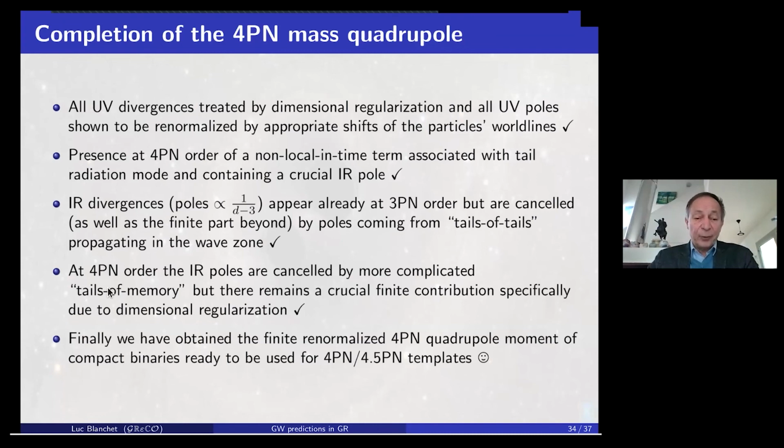And finally, at 4PN order, all the infrared poles have been completely cancelled. So the quadrupole moment is finite in 3 dimensions. However, there are specific contributions due to dimensional regularization that have been taken into account. And finally, we could have the finite renormalized mass quadrupole moment at 4PN order, which is ready to be used in post-Newtonian templates.